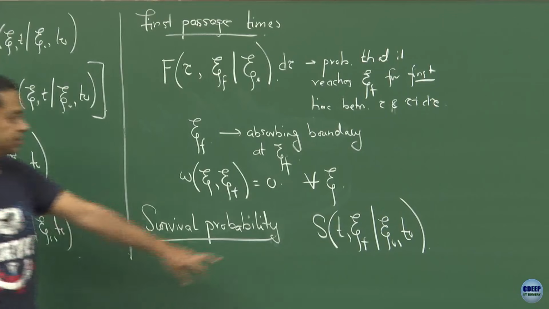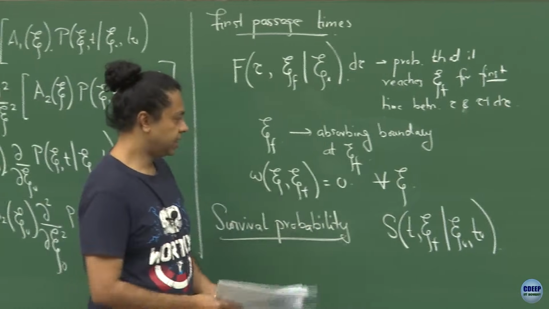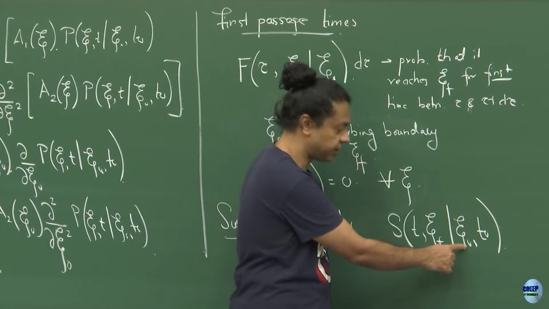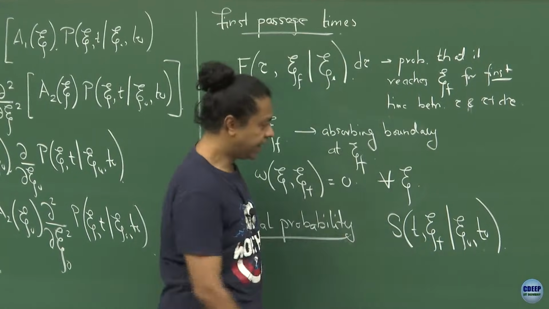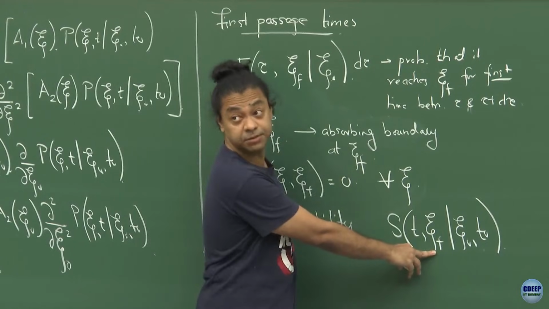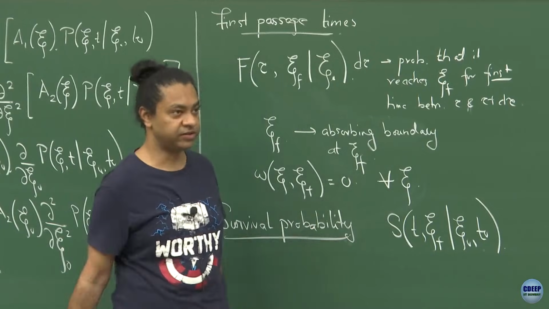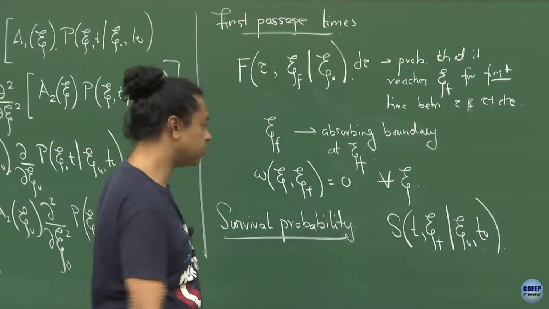Let this denote the probability that, having started from the state psi naught at time t naught, I have still not reached this absorbing state psi f up till time t. So the system has survived essentially, and that is why it is called the survival probability.